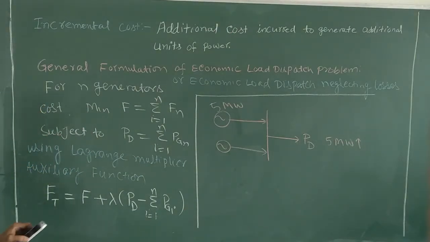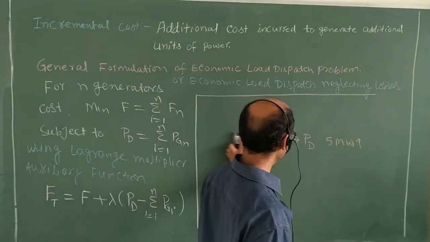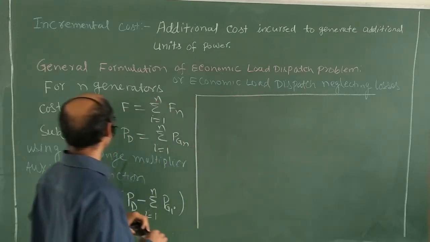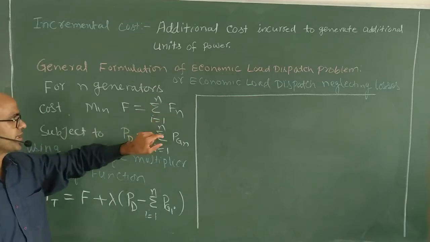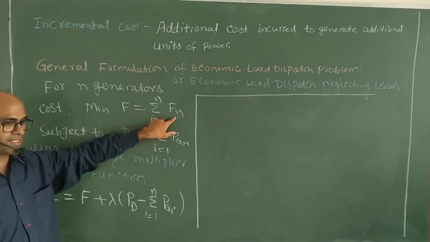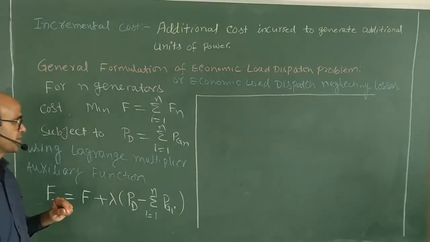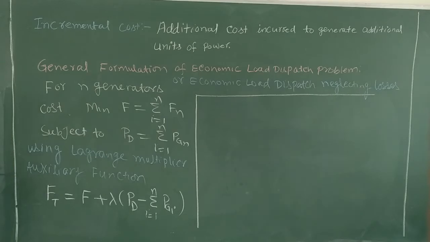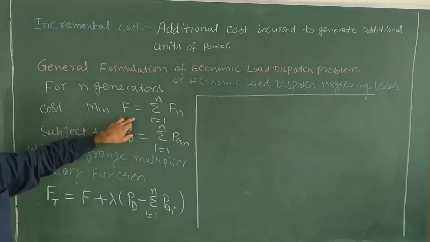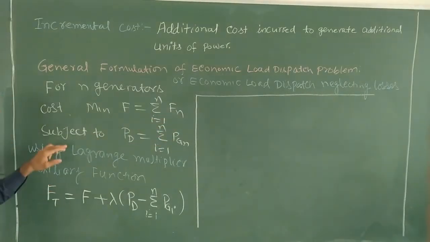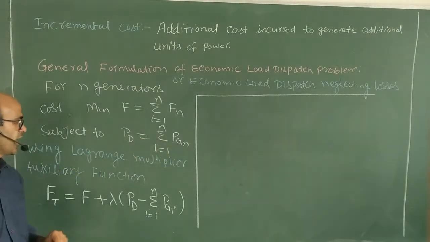Suppose there are n generators in the power system. Then the total cost is the sum from i equal to 1 to n of Fi, where F1 is the generating cost of generator 1, F2 is the generating cost of generator 2, and so on. So we have the total cost F, the sum of all the generator costs, subject to the demand being satisfied by the generated power.